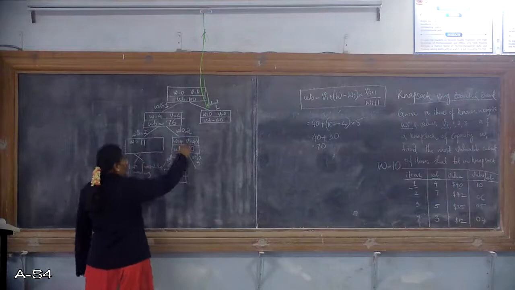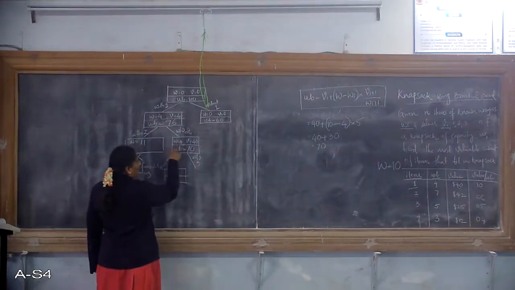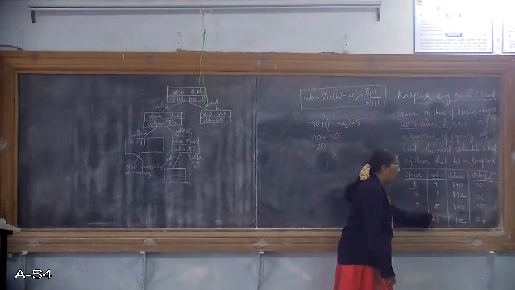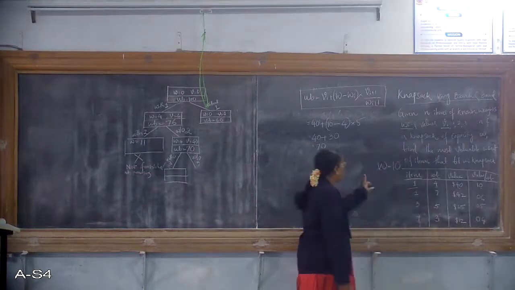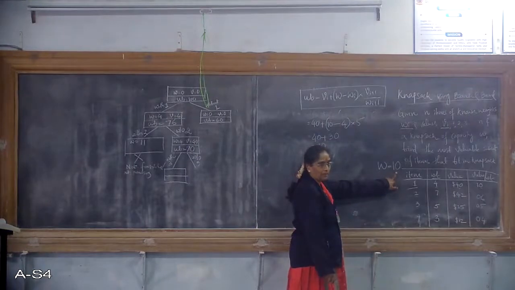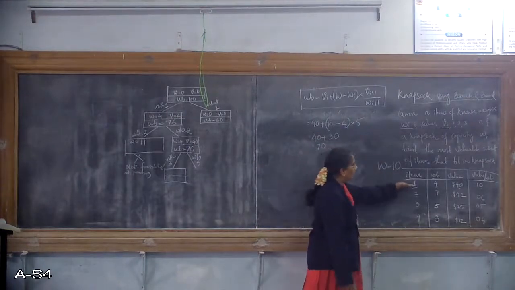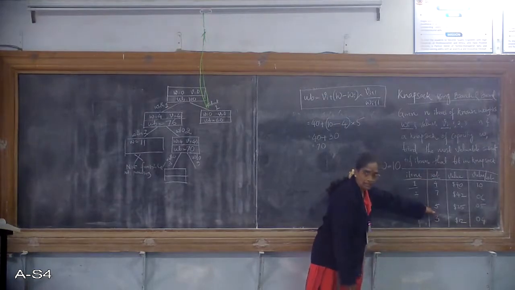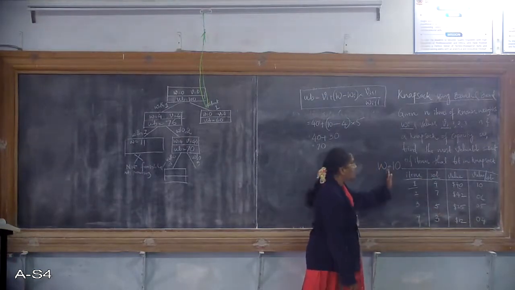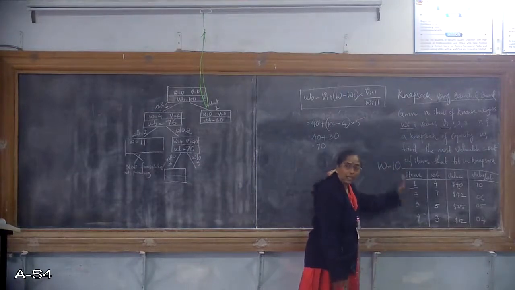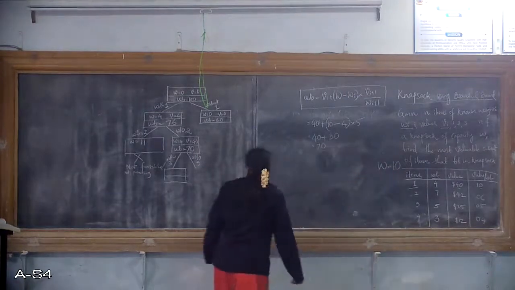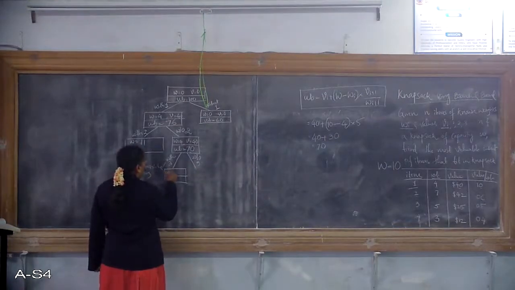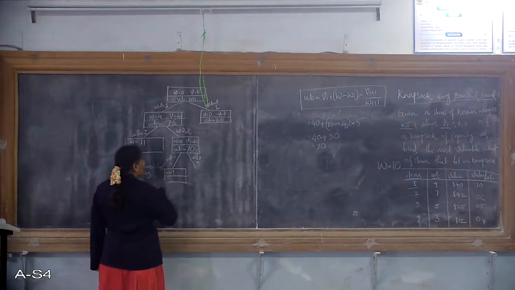Previous node weight is 4 and item 3 weight is 5. 4 plus 5 is 9 and 9 is less than 10. So if I select item number 1 and item number 3 whose total weight is 4 plus 5, 9, 9 is less than 10, I can fit those two items into this knapsack. So it's the constraint. That's why I'm going to calculate the upper bound for this node.